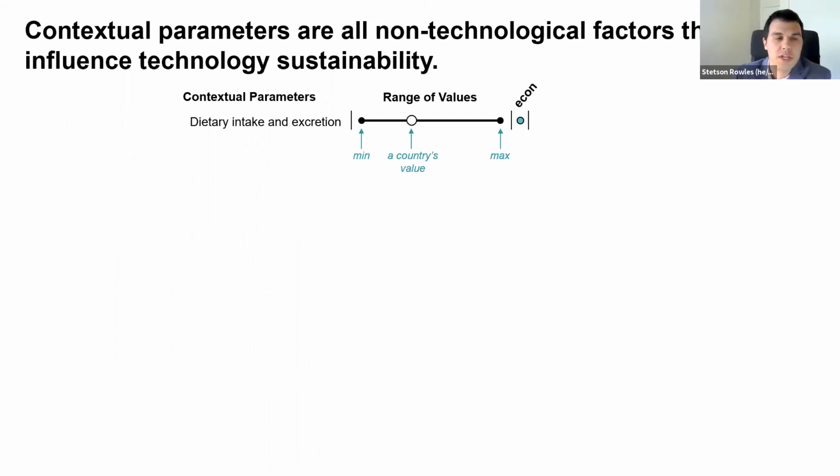And here we're denoting this range as this slide. So there's a minimum, a maximum, and those are the bounds for the range of values. And then a specific country's value falls within that range. And this will impact the economics of the project, as you can see on the right, as econ there.